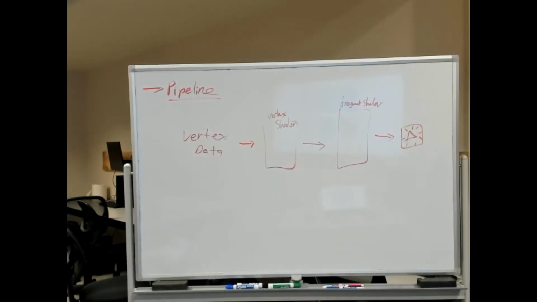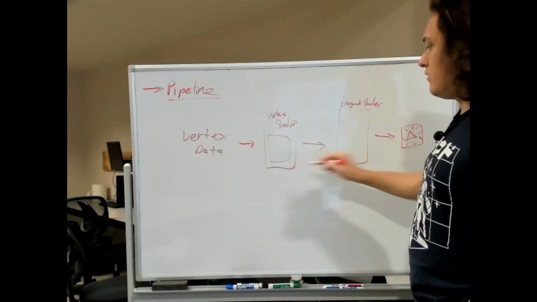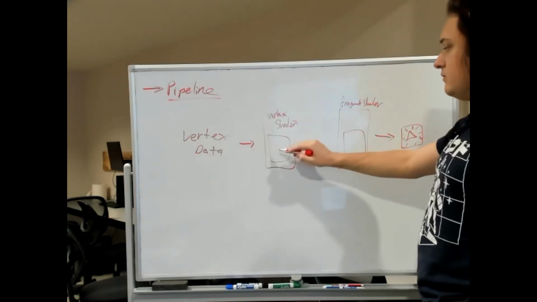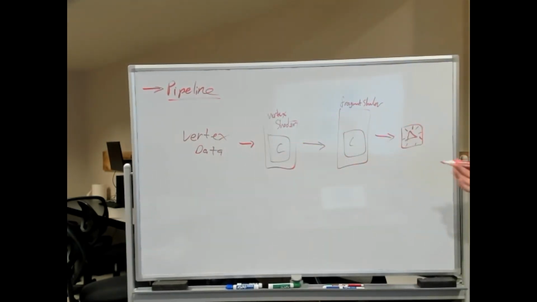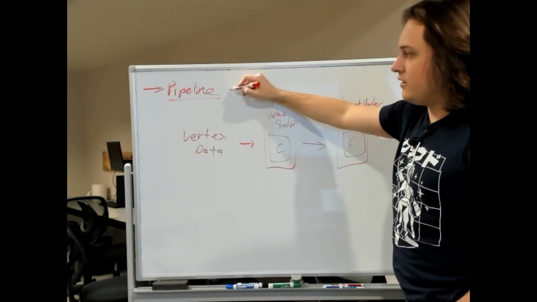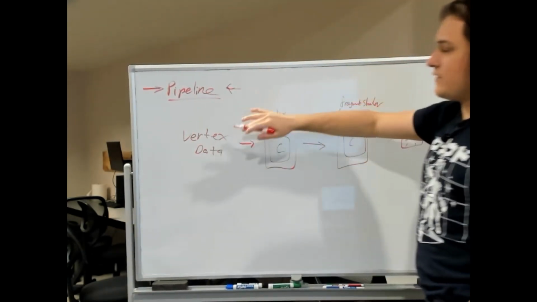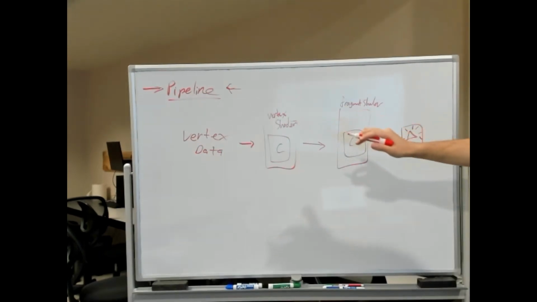So what's basically happening here is that these shaders that you write are little C functions, or C++ or whatever. They're basically C functions. And together, they form a program. Pipeline is kind of the graphics card terminology for it.